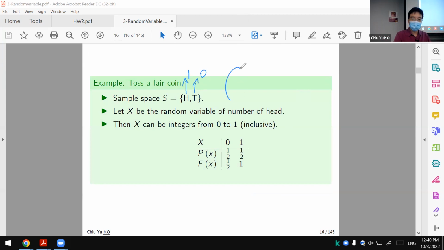Or if you like, you have H and T here, and 1 or 0 here. That's how H maps to 1 and T maps to 0. So when we have 1, that means head.